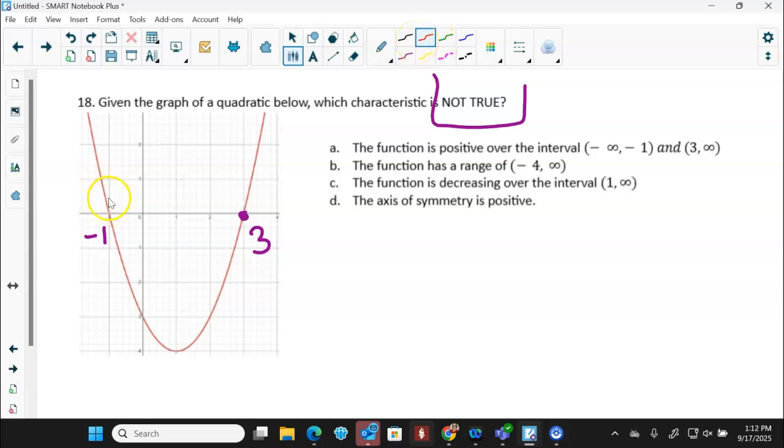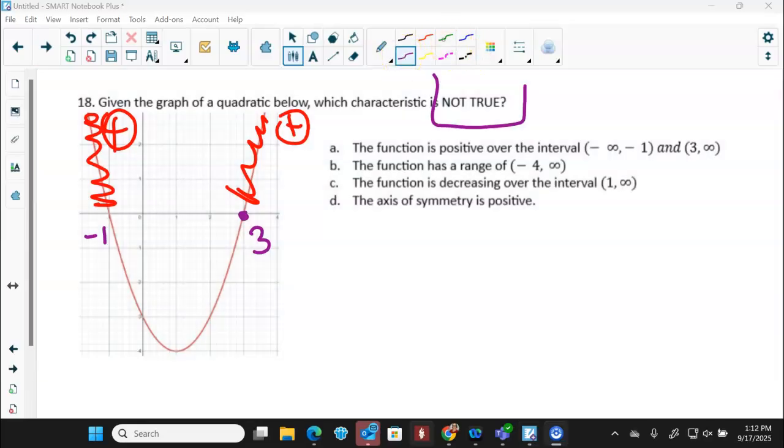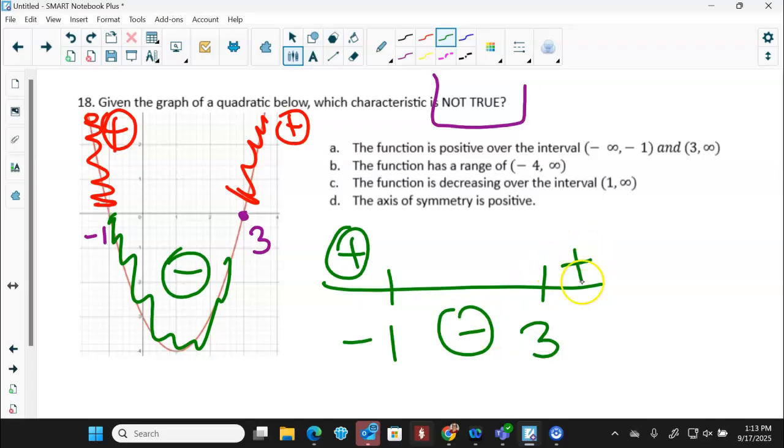So these numbers right here are going to be positives, okay, plus and plus, and the ones in the middle now are going to be negative, okay? We move that to the side. This is negative, okay? So again, we're doing the number line, -1, 3, our intercepts, positive, negative, positive, okay?